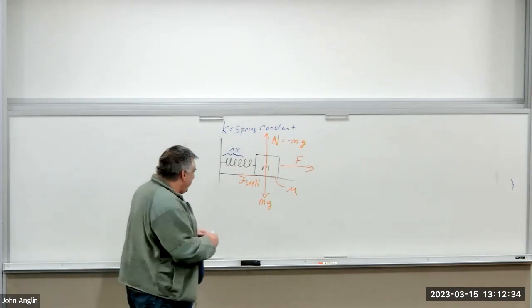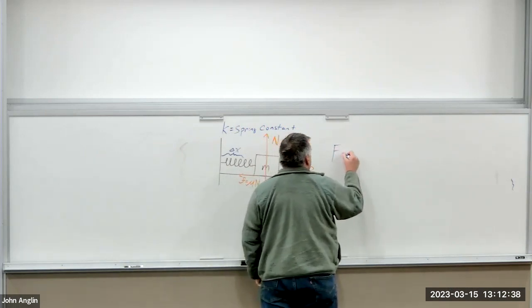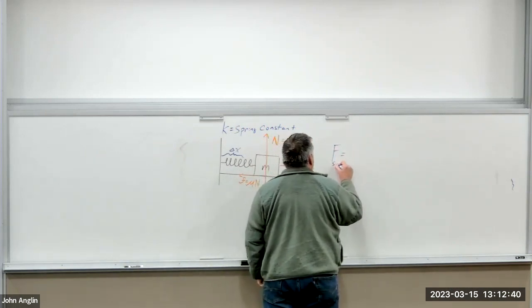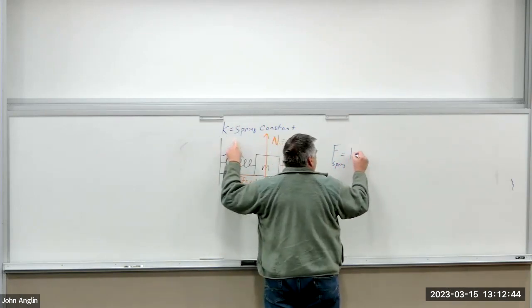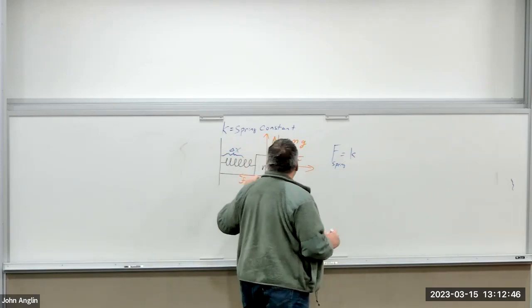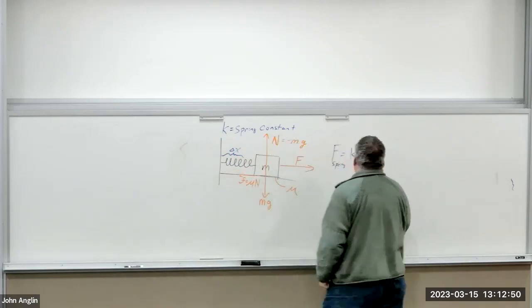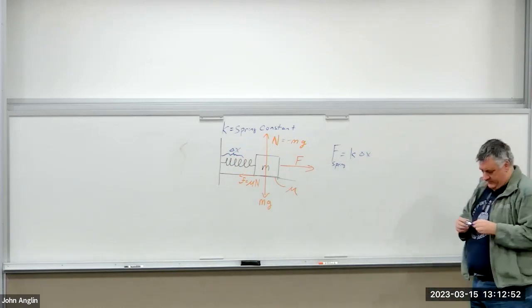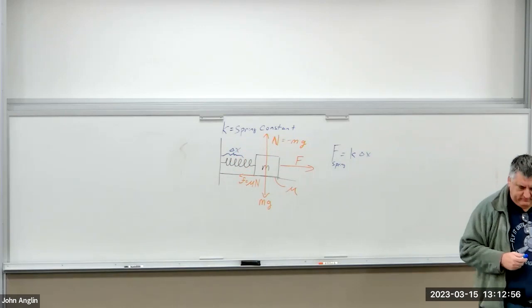So the spring force is dependent on the spring constant K and the displacement. So that's our spring force, K delta X.